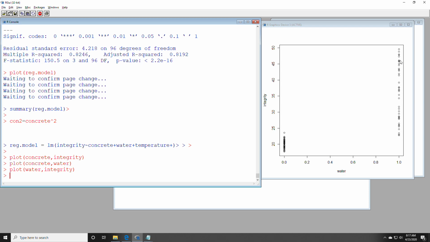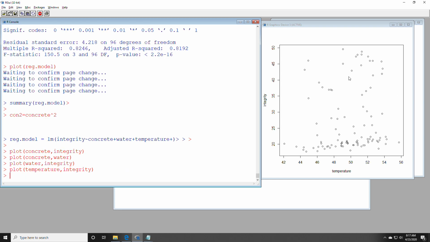So this makes sense, right? Water clearly is necessary in predicting the integrity, because all of these integrities are much higher when water is added. Okay, and the last one is temperature.